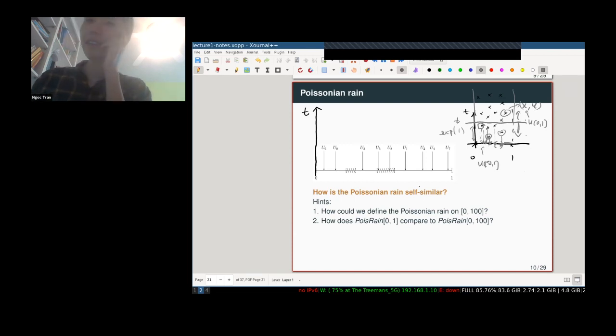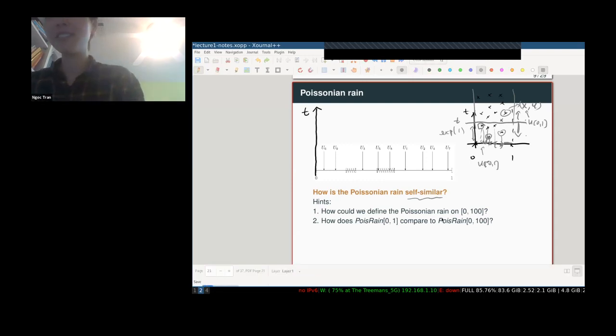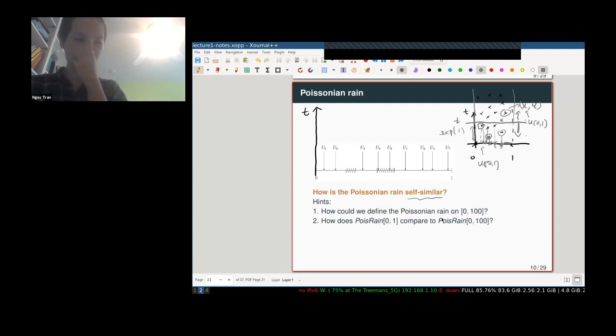I said that this is self-similar, like a random fractal. In what way is this self-similar? In what way is this thing a random fractal?